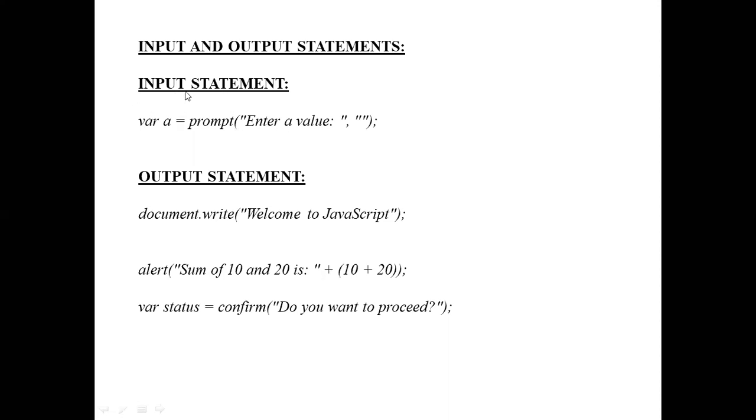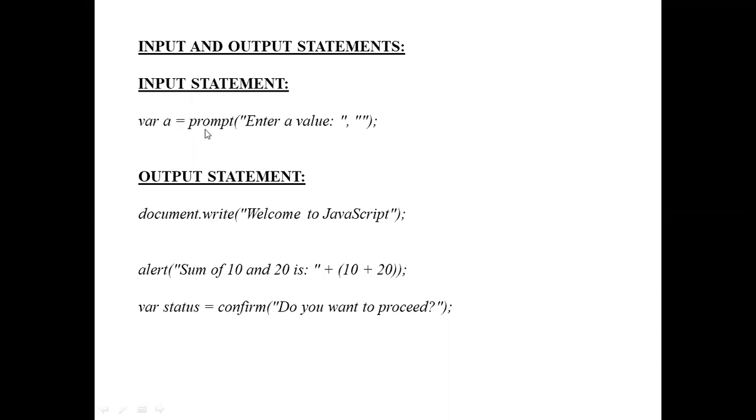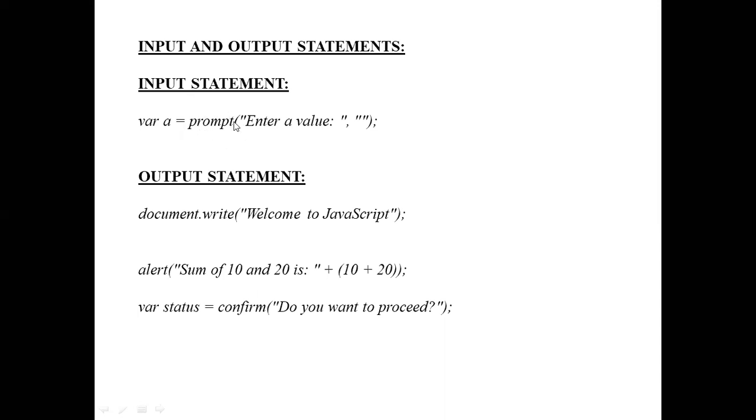So for the input statement, we use the prompt method to accept input from the user. The prompt contains two parameters. The first is a string that will be displayed on the dialog box. The second is the default string in case the user does not provide any input.